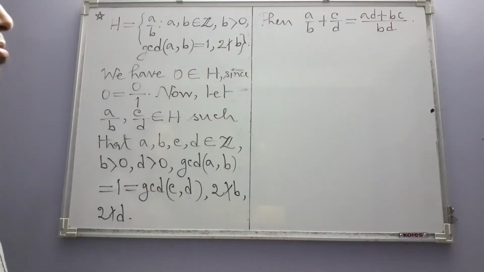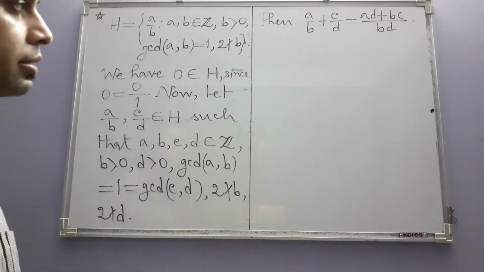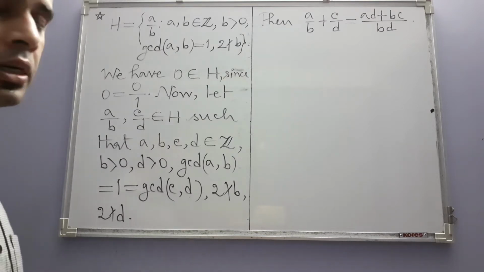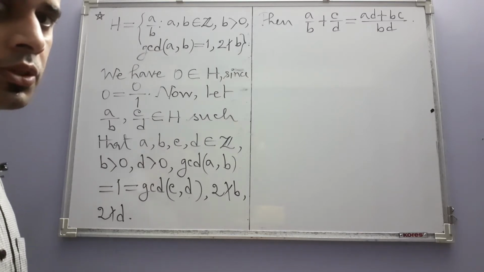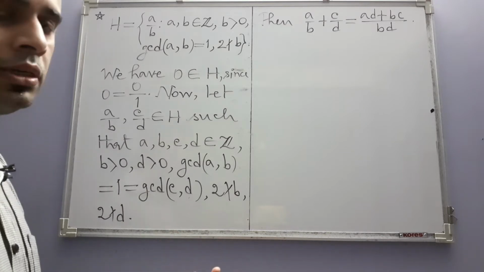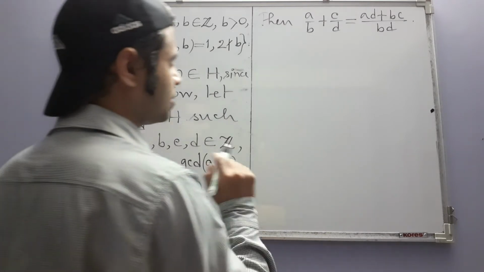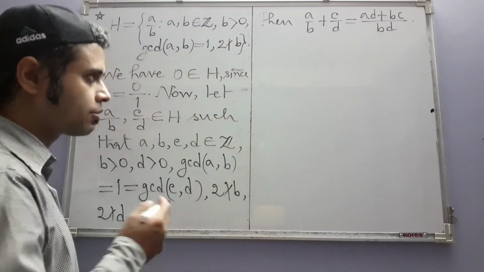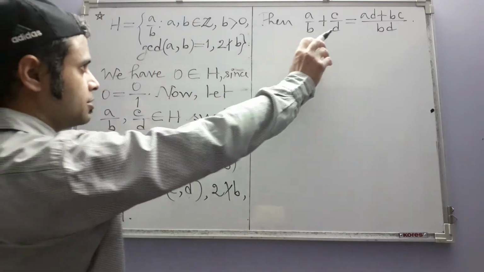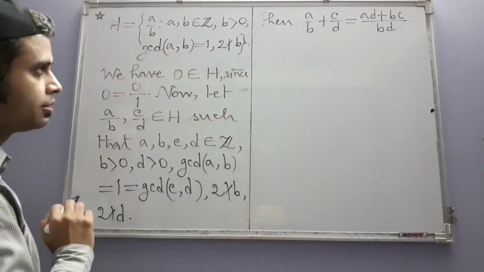Now AD plus BC and BD may have a common factor greater than 1. In other words, the GCD of AD plus BC and BD may not be equal to 1. That possibility is there, but we can always cancel common factors and reduce this fraction in a form where it looks like this.